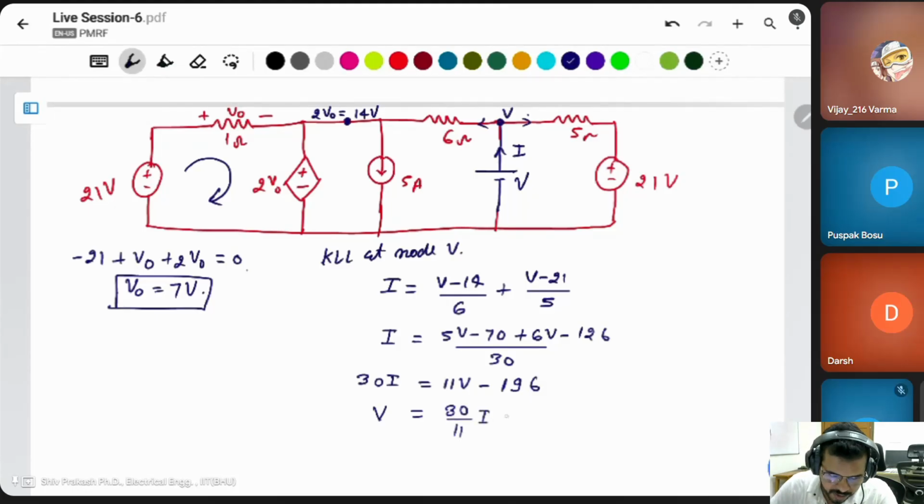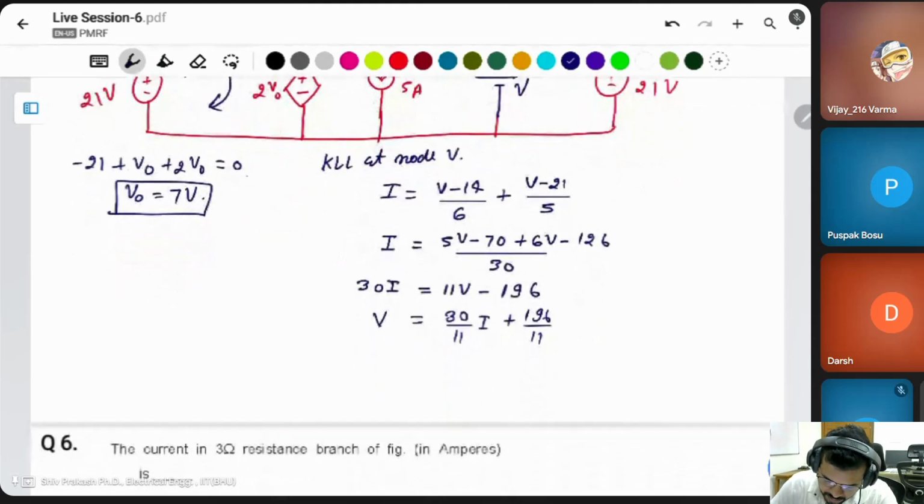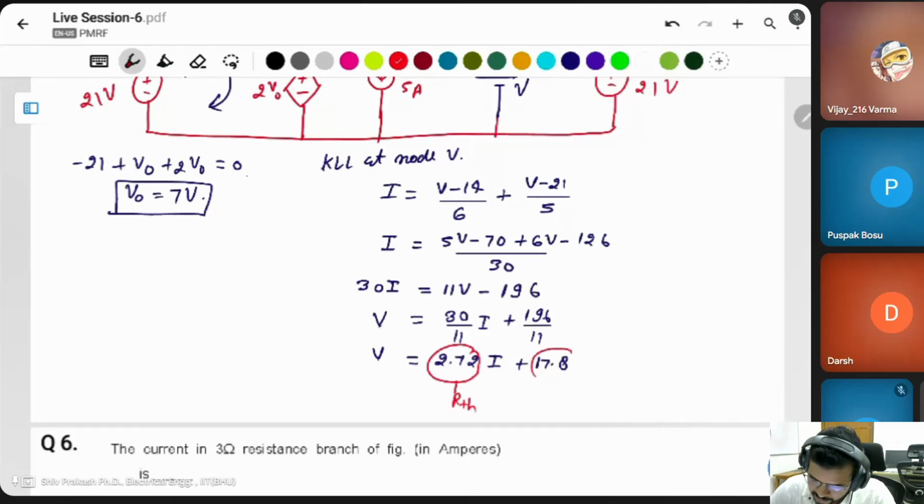This 2V node will be 21 volt. V naught is across the 1 ohm resistor, and there is a current source also given, which is 5 ampere. Then another resistor.